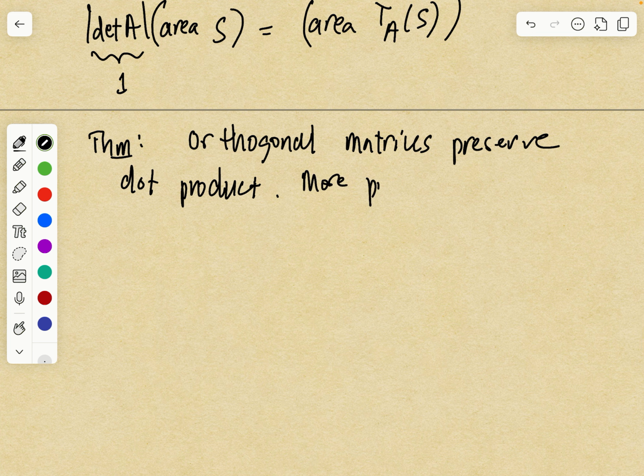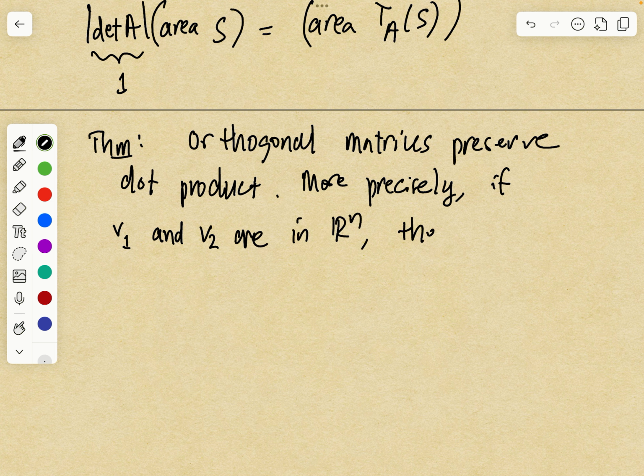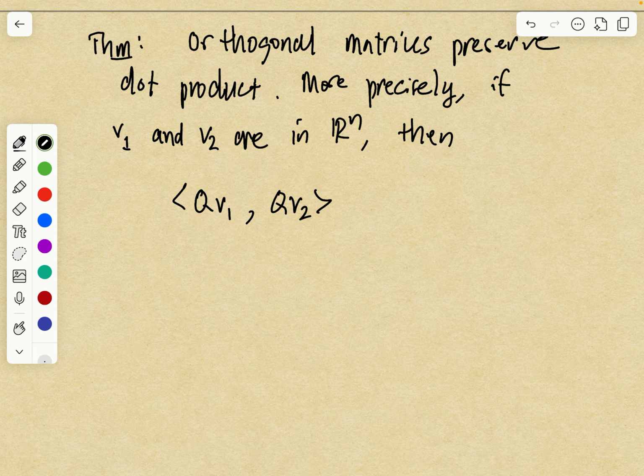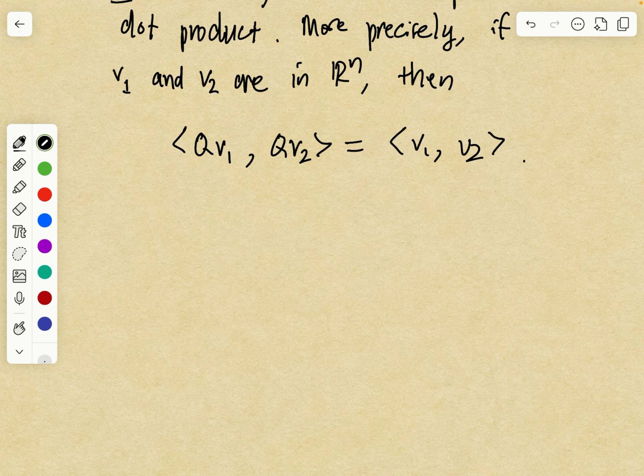More precisely, what it means is if V1 and V2 are vectors in Rn, then if you have an n by n orthogonal matrix Q, if you take the image QV1 and take the dot product of that with QV2, now I'm going to use this notation for the dot product, this is equal to the dot product of V1 and V2. Okay.